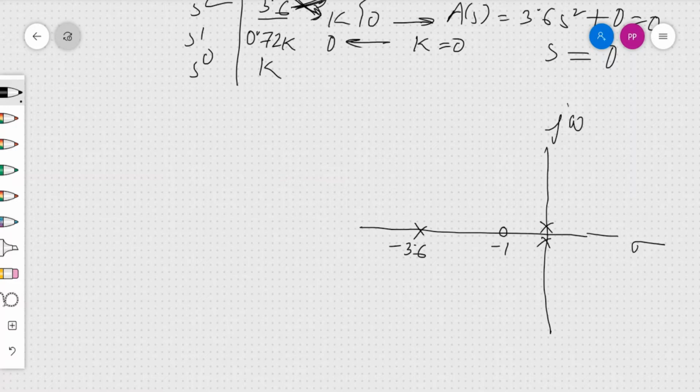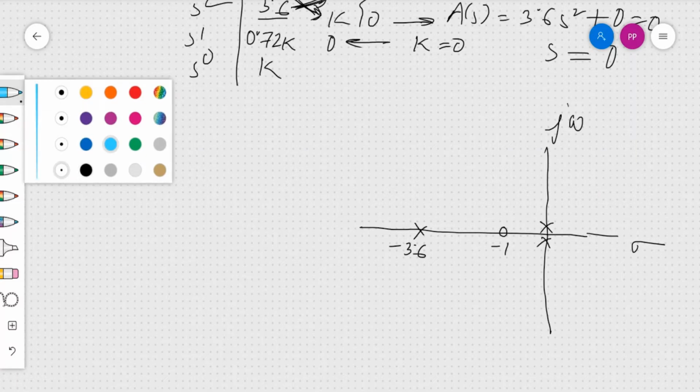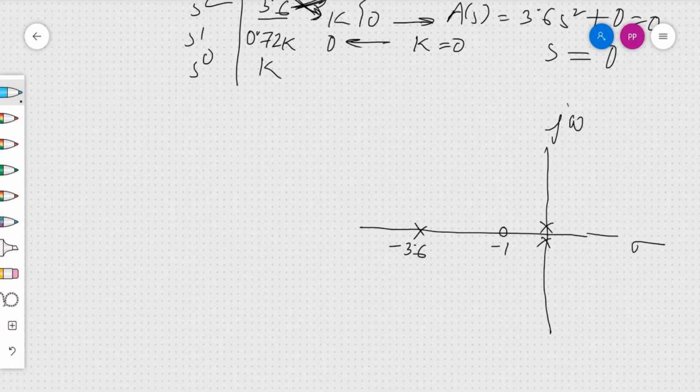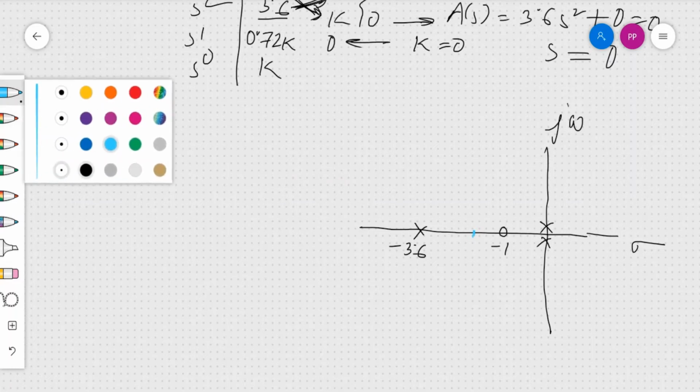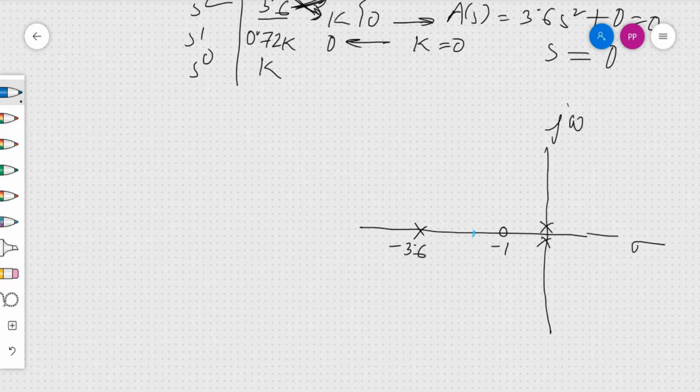Then we have an asymptote at -1.3. So let us draw the asymptote at minus 1.3 over here. So this is at 90 degrees.